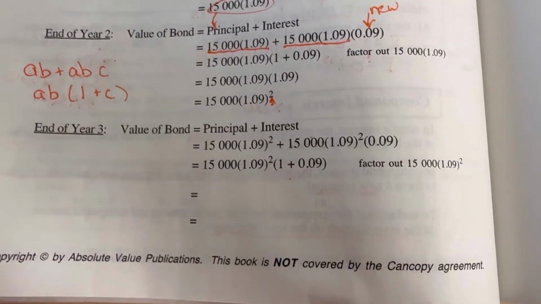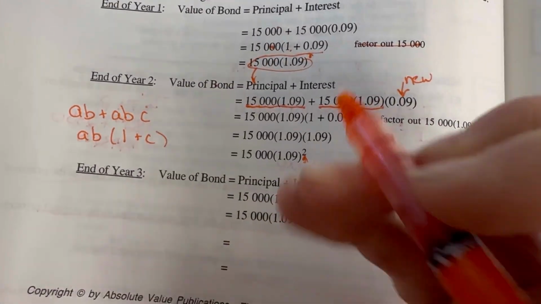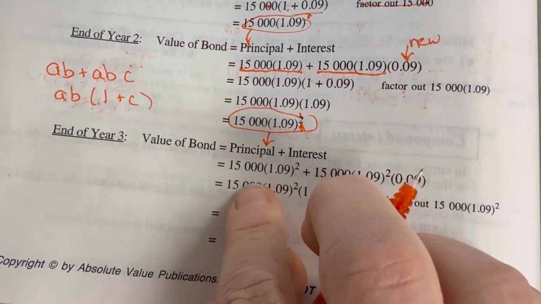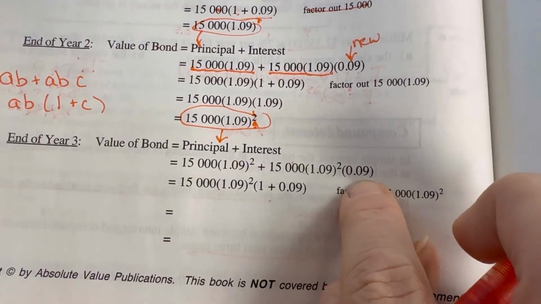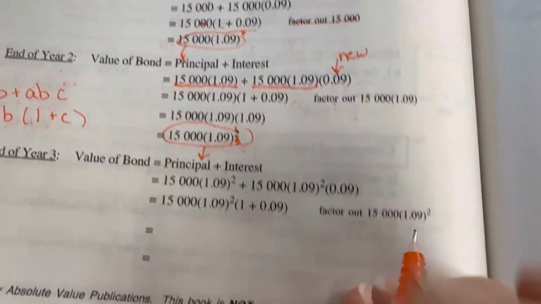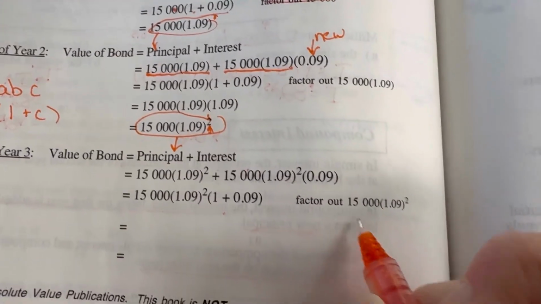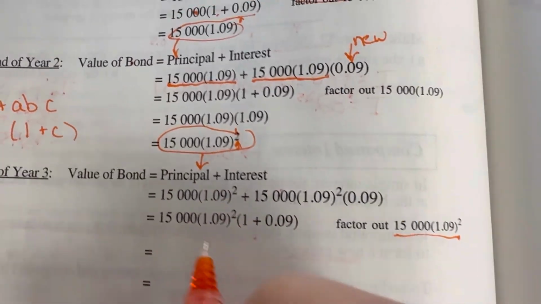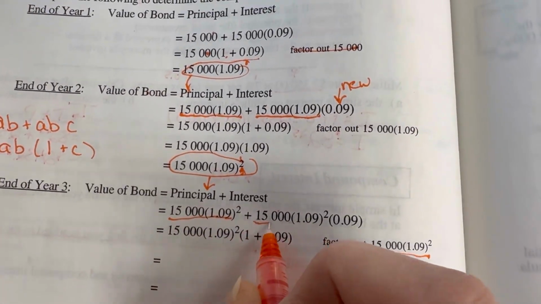So let's go to year 3. Same idea. This amount now is going to be our principal, and then we're going to multiply it by the 9% to get our new value. Okay, so we did that, and then we factored out now the 1.09 squared because it was in both of those right there.